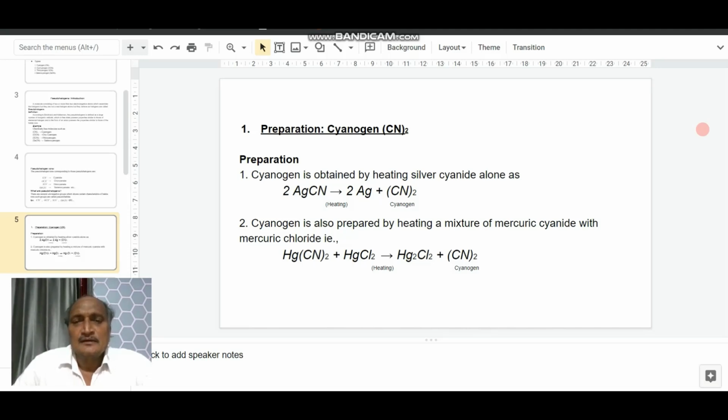That is 1 mole of Hg(CN)2 and 1 mole of HgCl2. On heating, it forms cyanogen with the formation of mercurous chloride, that is Hg2Cl2.